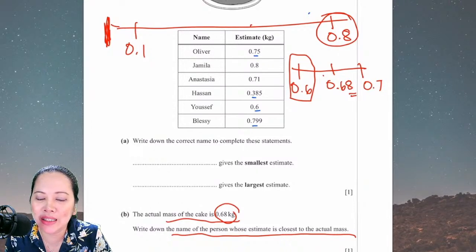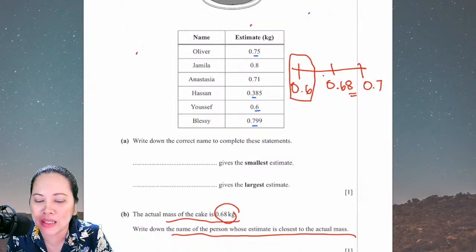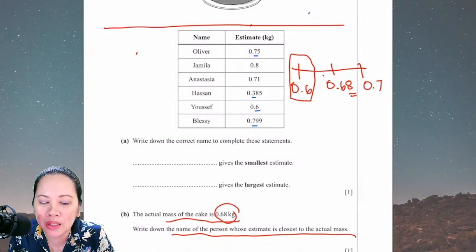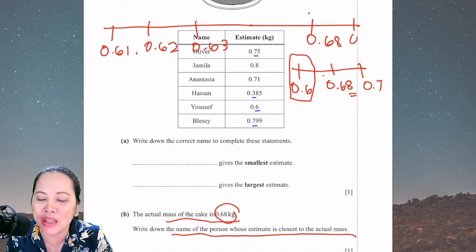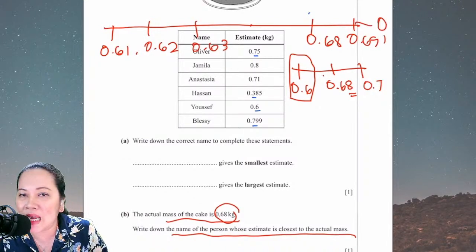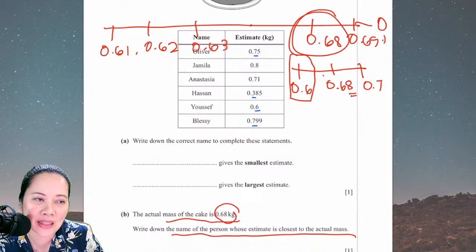Do you get it? Do you understand the order of your decimal? This is 0.61, 0.62, 0.63, 0.68 is here, 0.69, and then 0.7. So where is 0.68 closest to? Is it to Yusuf or to someone else?